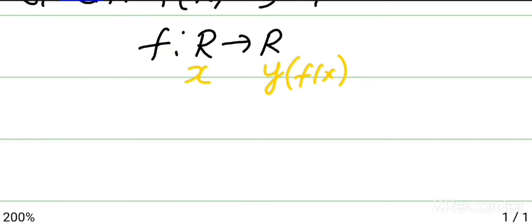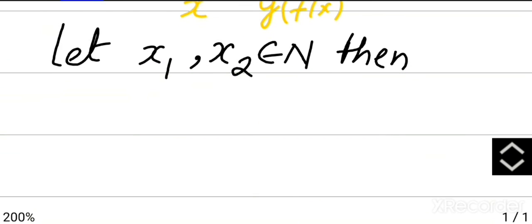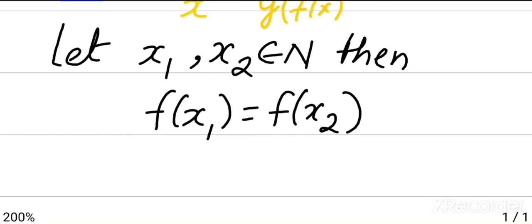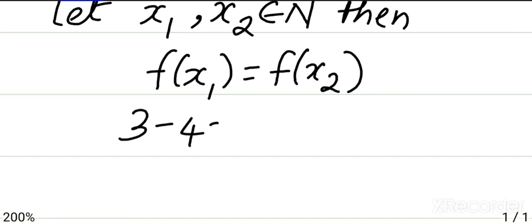So f of x is given here. To prove it is one-one, we take x1, x2 belonging to R, and we have to prove that if f of x1 equals f of x2, then they should be equal. Whatever function they have given, here it is 3 minus 4x.